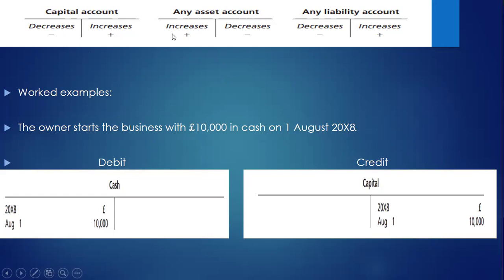So let's say you buy a van or a car for the business. The car in this case would be under the car, under the van, or under assets, whatever you want to record it. So if this is a van account or car account, once you buy it, you're going to put it on the left side as a debit.